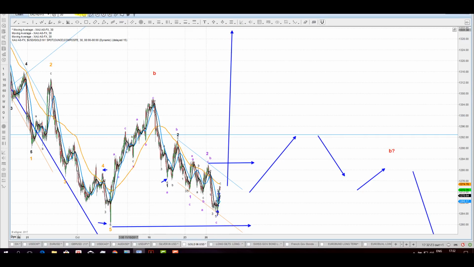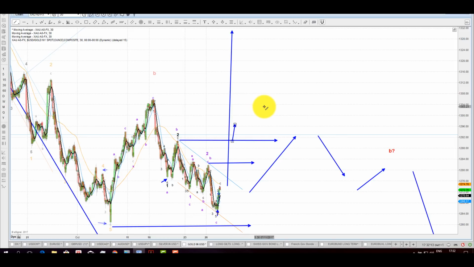If we get a rally that is very impulsive, where the barrier that I'm showing you here at 1282.5 would not look like a barrier, it'll skim through that, it'll fly through, then I'm going to have a rethink.